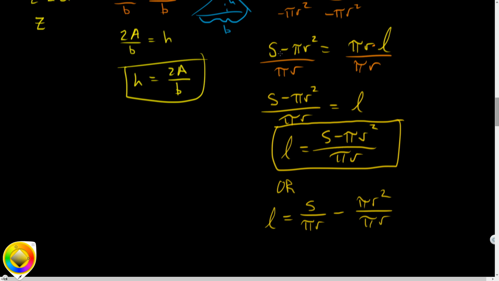I could have divided each part over here by pi r. Does anyone know how to simplify this? What cancels out here? The pi's cancel out, and this r cancels out with just one of those r's. Good move. So it also could have been written as slant height is equal to S divided by pi r minus r.